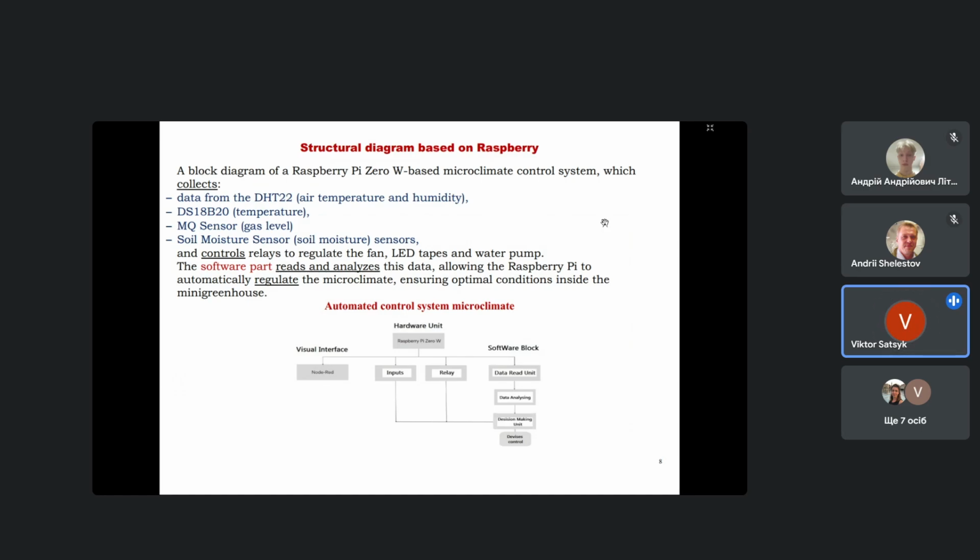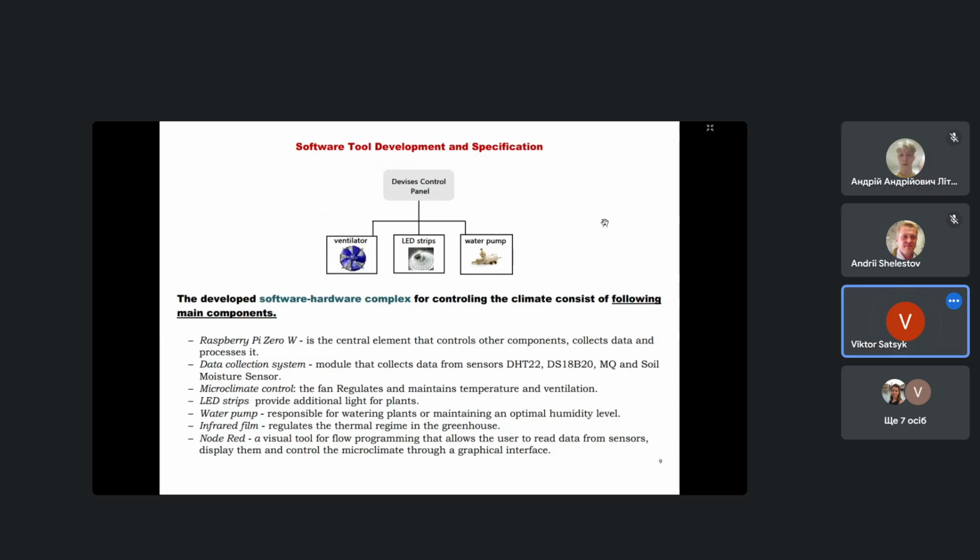Software tool development and specification. The developed software-hardware complex for controlling the climate consists of the following main components. Raspberry Pi Zero W is the central element that controls other components, collects data, and processes it.